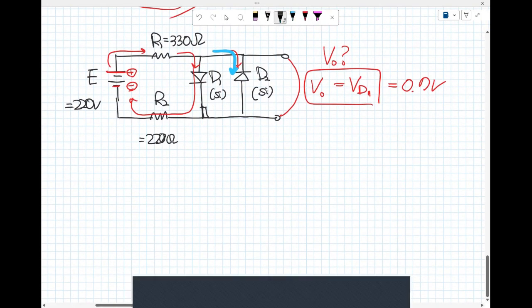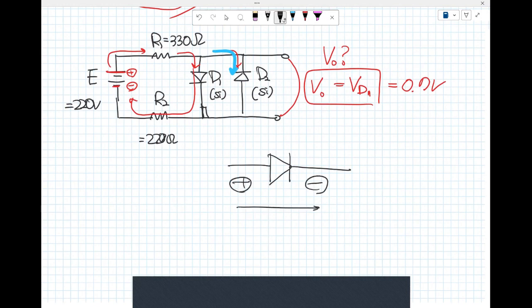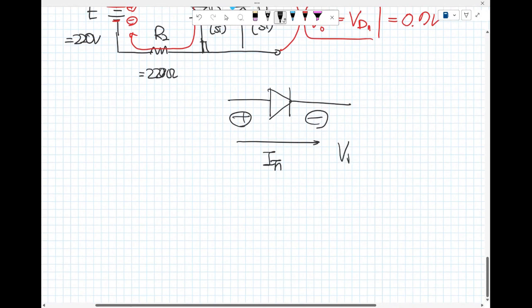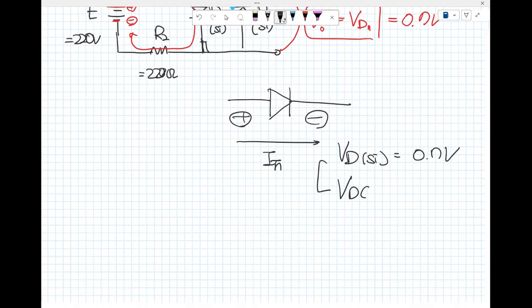Do you remember? Here, this is the plus, this is the minus, this is the I sub F. That was passing through. It depends on silicon, second approximation, 0.7 volt, and germanium, 0.3 volt. Hey professor, what are the 0.7 and 0.3 volts? Do you remember the PN junction? At some point, over a certain voltage, current breaks through from the P to the N junction.